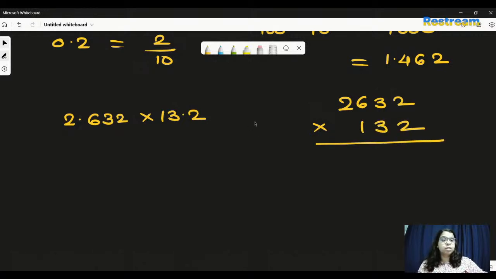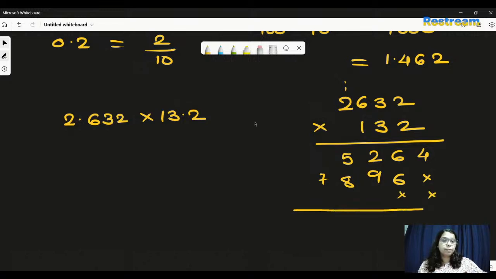So 2 times 2 is 4, 2 times 3 is 6, 2 times 6 is 12, 1 carry, 2 times 2 is 4 plus 1, 5. Now 3 times 2 is 6, 3 times 3 is 9, 3 times 6 is 18, 1 carry, 3 times 2 is 6 plus 1, 7.